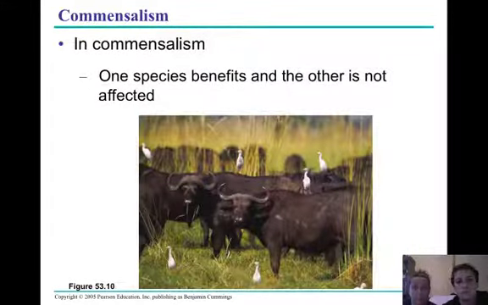In commensalism, one species benefits while the other is not affected at all. These birds, you guys have probably even seen this on farms on your way to school, that there's these birds that live amongst the cattle and they actually kind of ride along on top of them. They are not harmed nor benefited by doing so, and then the birds kind of have somewhere to be.